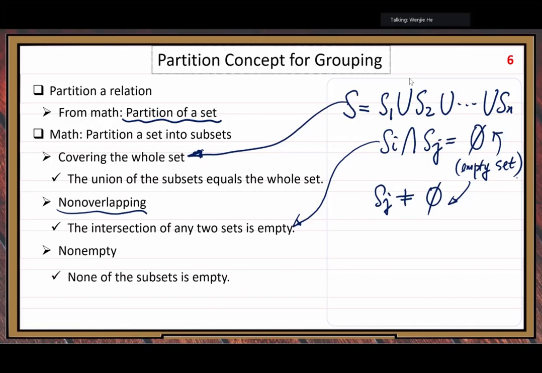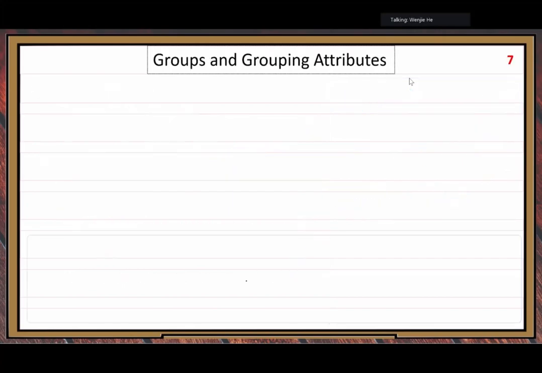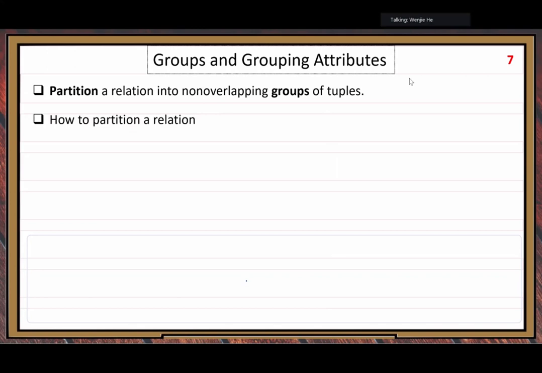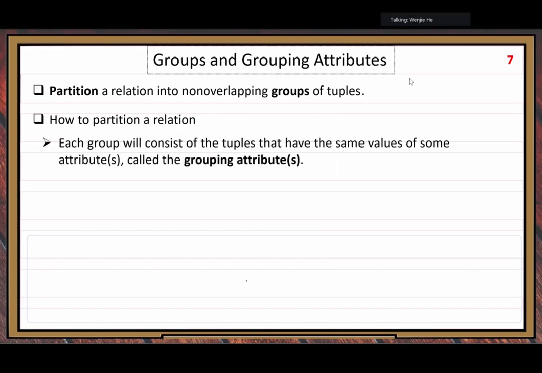So this is the third property. Groups and the grouping attributes. Partition a relation into non-overlapping groups of tuples. How to partition a relation? Very simple, using the group by clause.